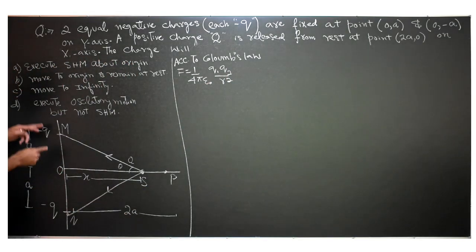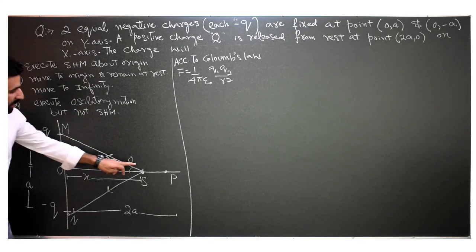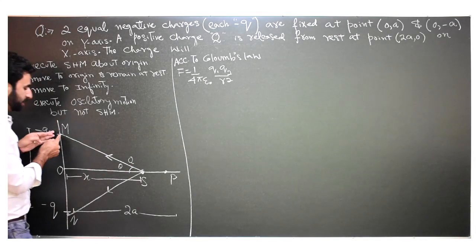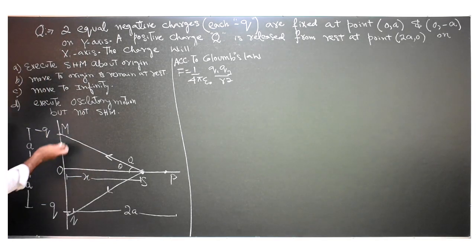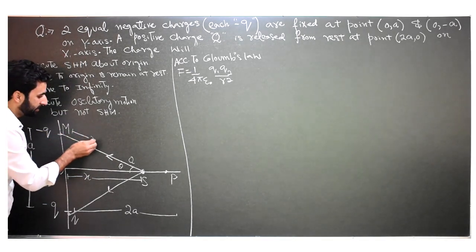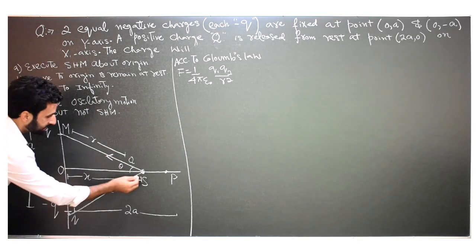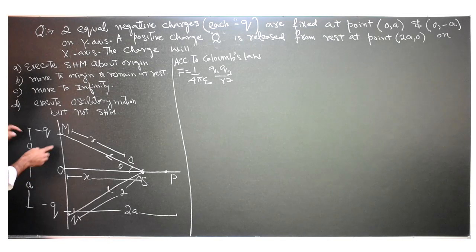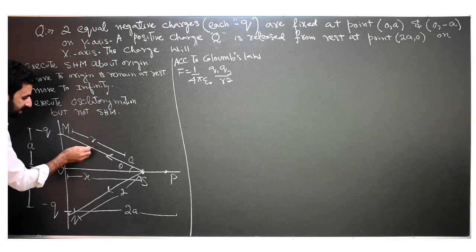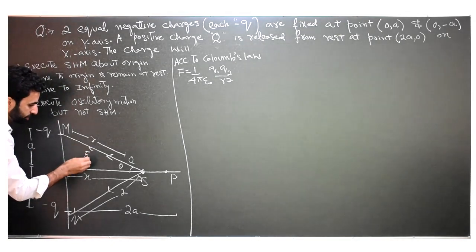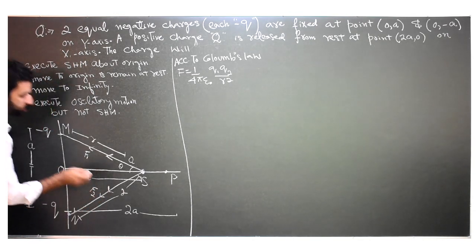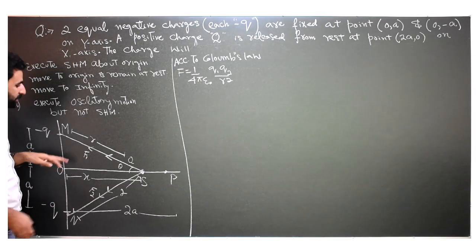So in our case, one charge is minus q, the other charge is plus capital Q, and the distance between the two charges, let's call this distance R. This distance is R. This distance is R. In both cases, let's call the force due to this charge F1, and the force due to this charge F2.